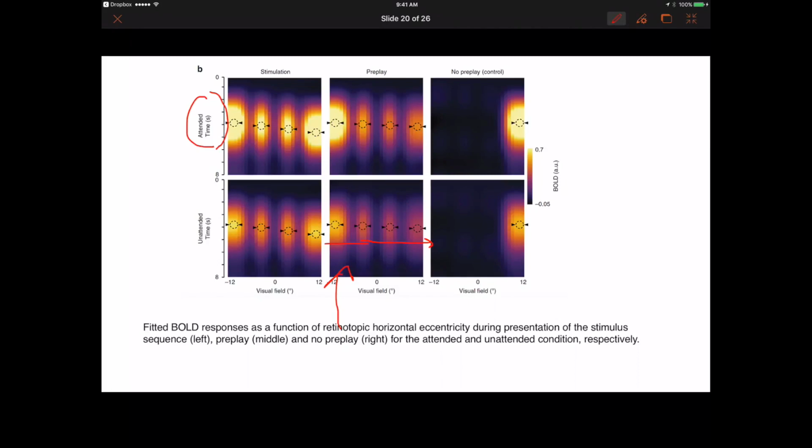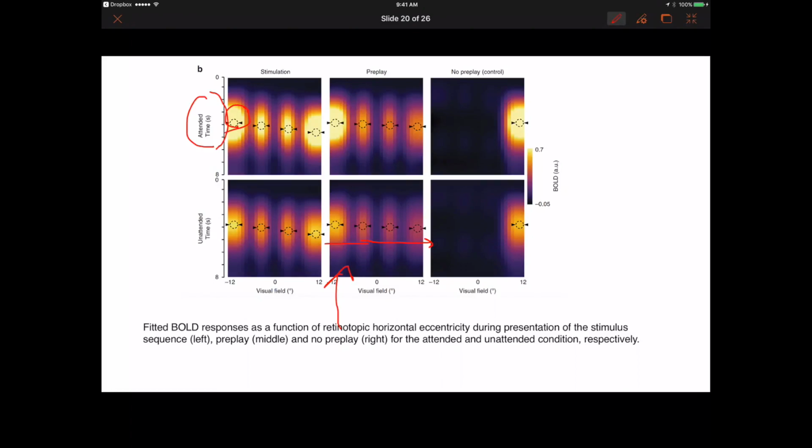And there is a system that tells V1 to hallucinate and to produce the missing stimuli, because we have now learned that when the dot appears here, several other dots will follow very rapidly.